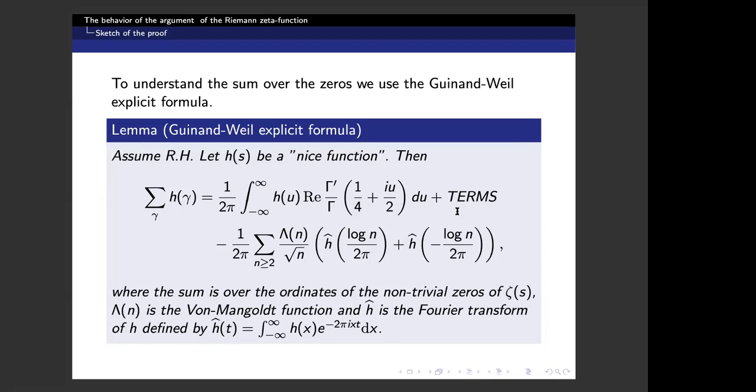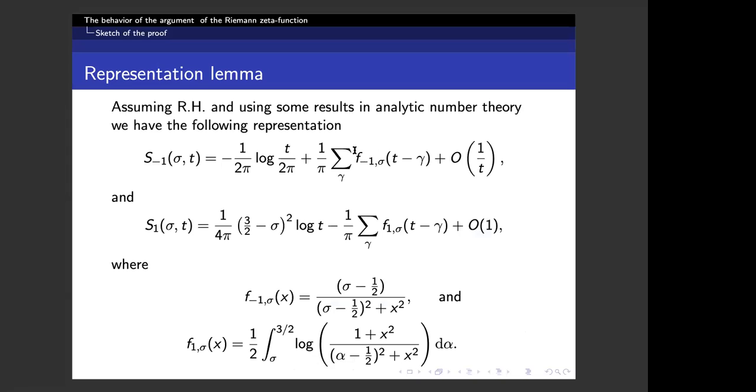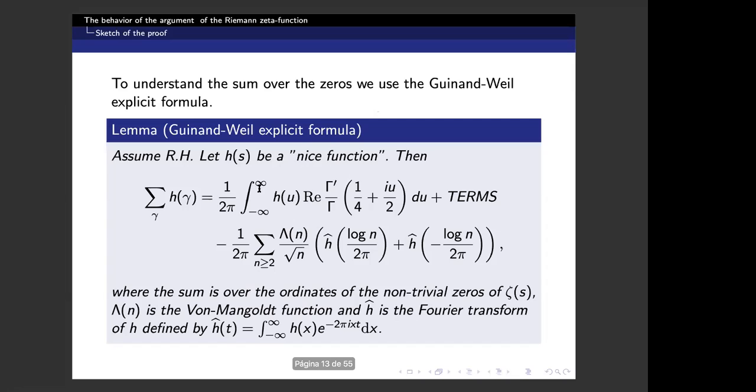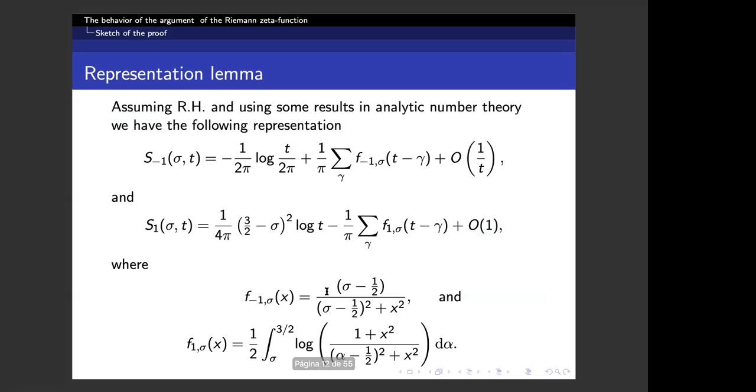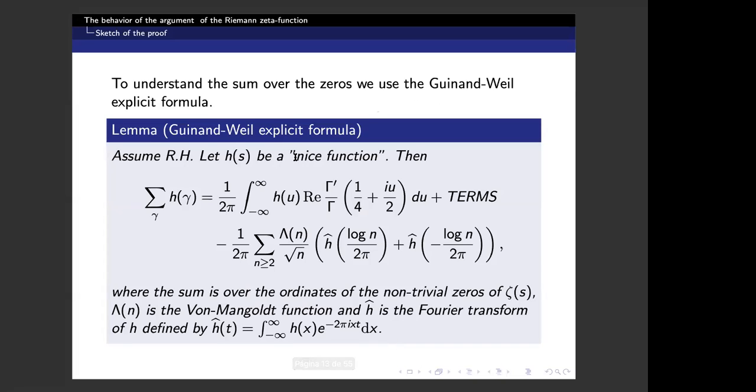So I would like to use the Guinand-Weil explicit formula here to replace this sum with this integral and this sum. But we have another problem, because the Poisson kernel and this function here are not nice functions. This is our problem now.